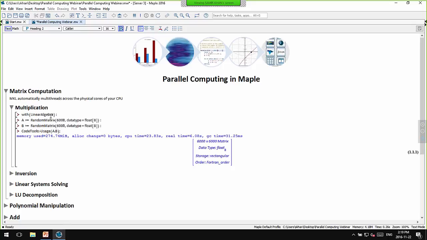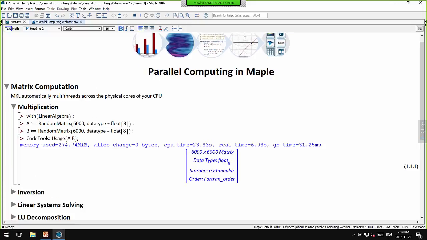So I spoke about parallelized matrix computation routines. As I mentioned, floating point matrix multiplication is automatically parallelized across all of the cores of your computer. Let me just zoom in.